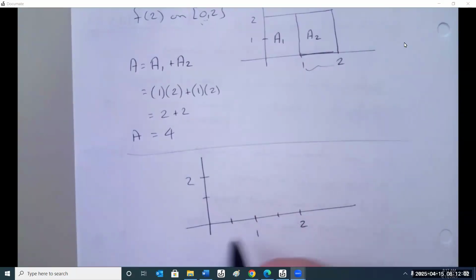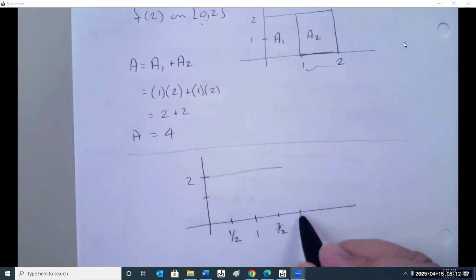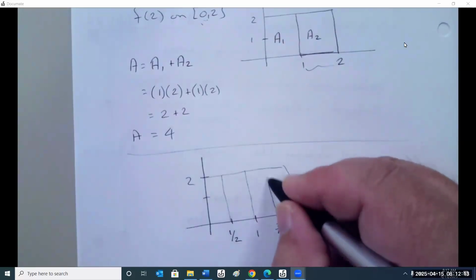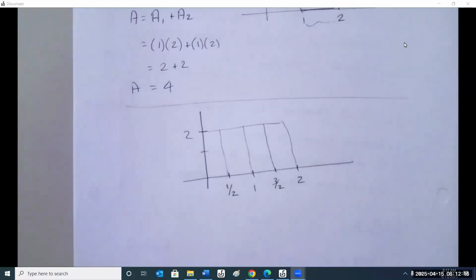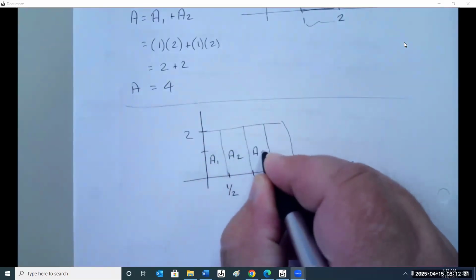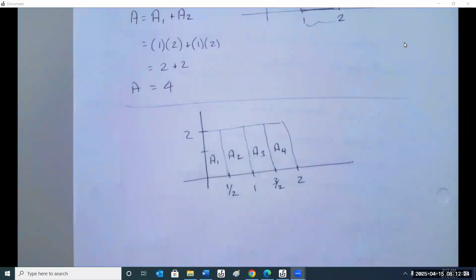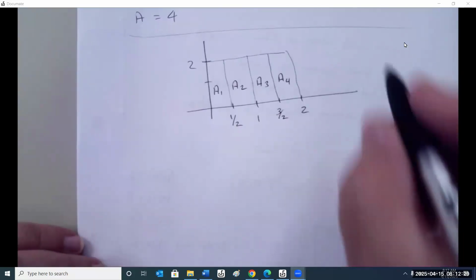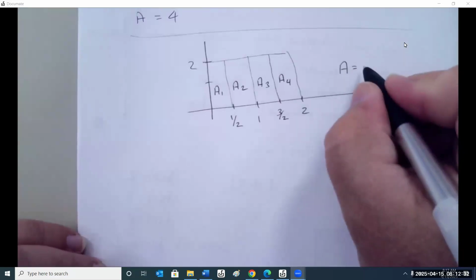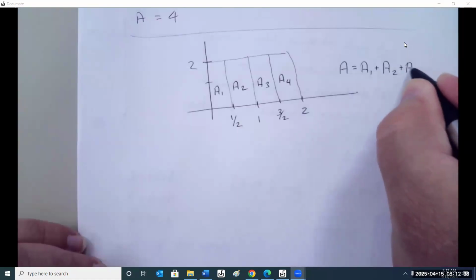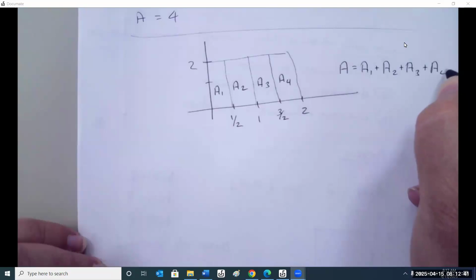Now let's take it into 4 rectangles. So we have the area of this one, this one, this one, and that one. So the total area is the sum of all these smaller areas.